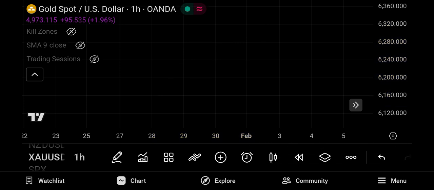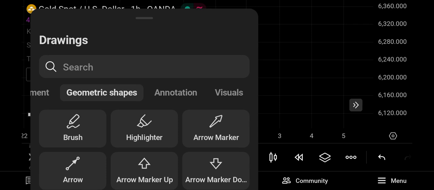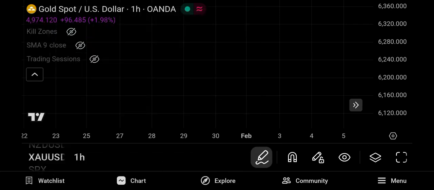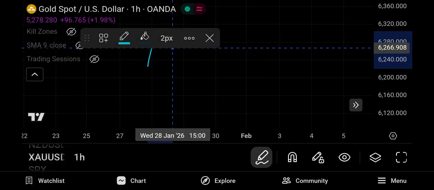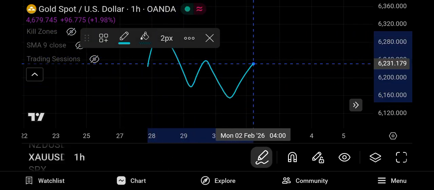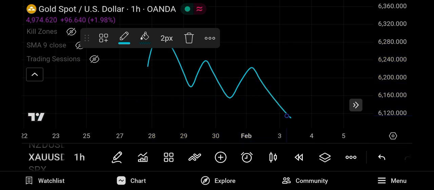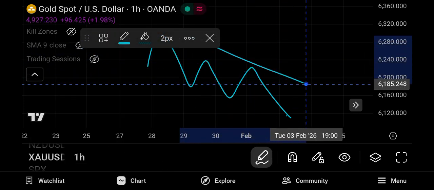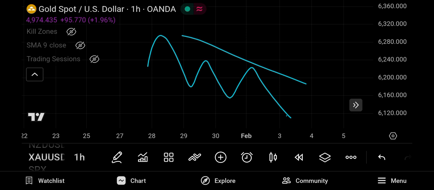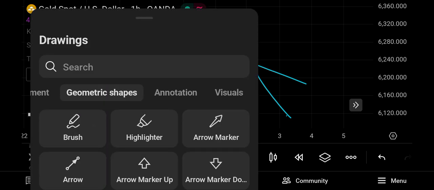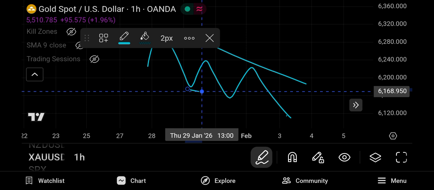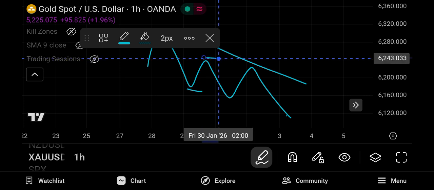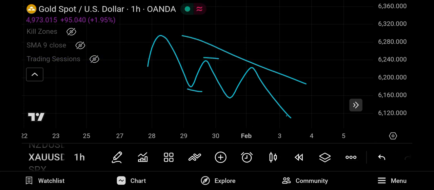So let's move on to the second condition, which is a downtrend. This is a downtrend. Why is it a downtrend? Because it's moving down. What else? Because it has a series of lower lows and lower highs.